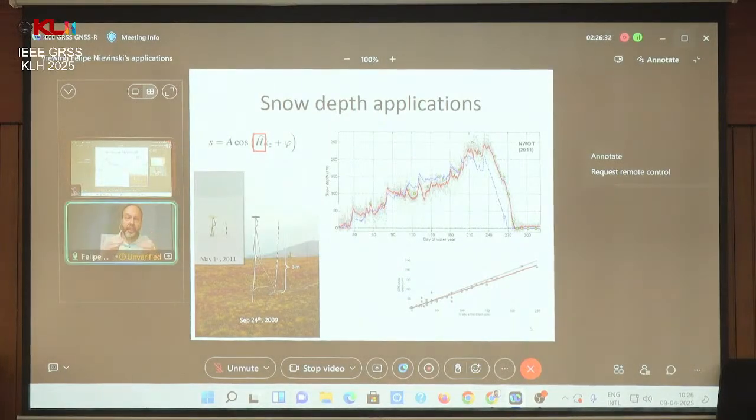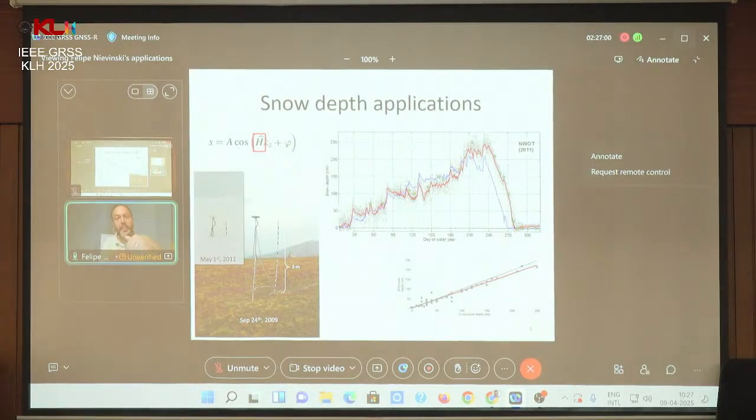we like to think it comes from the snow-air interface, but it actually originates from somewhere within the snowpack, and this penetration depth depends on the angle of incidence. So if it's a more shallow incidence, you get a smaller penetration depth.